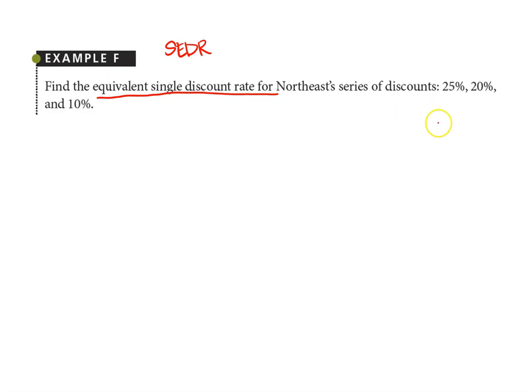And so we have the same trade discounts of 25%, 20%, and 10%. Just like how we did previously, we're just taking the complements of each. Remember, the complement of 25% is 75%, and I got that by simply subtracting the discount from 100%.